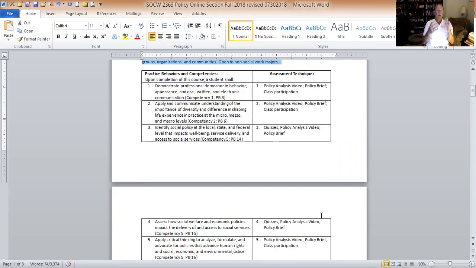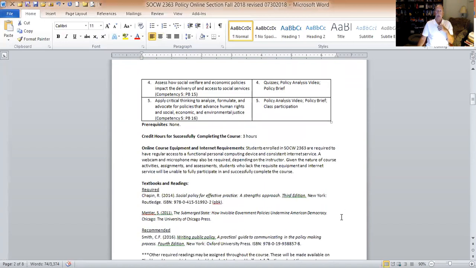We want you to be able to communicate understanding of the importance of diversity and difference in practice with different size client systems. We want you to be able to identify social policy at the local, state, and federal level, particularly as it impacts the well-being of individuals and citizens.